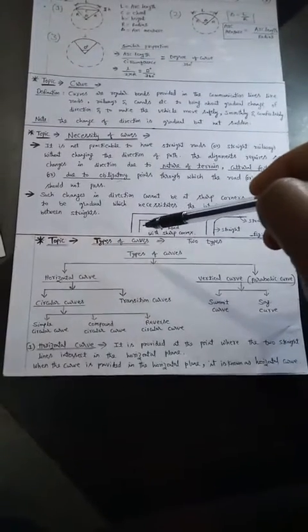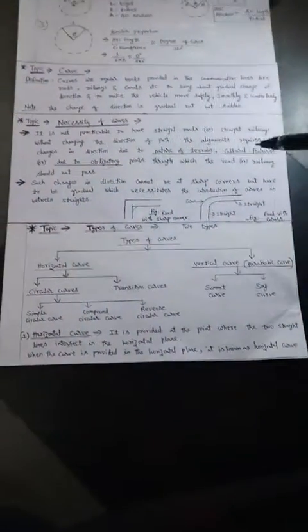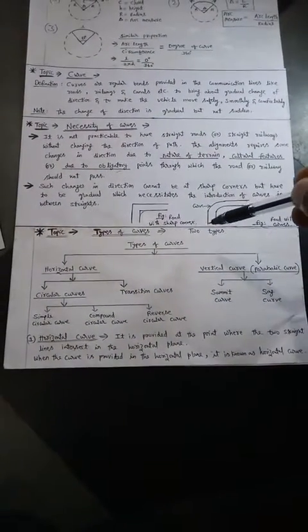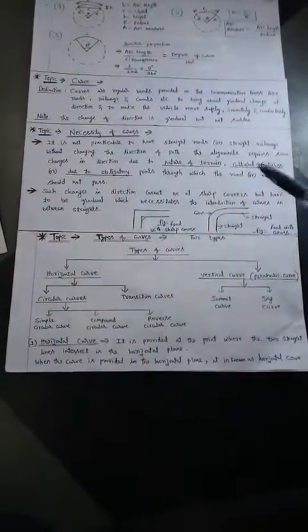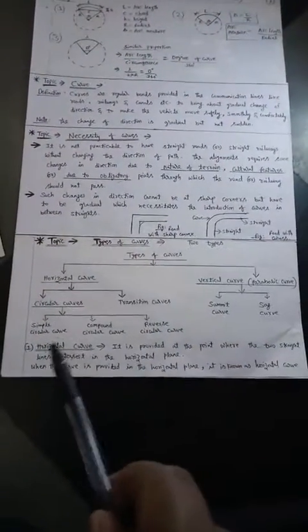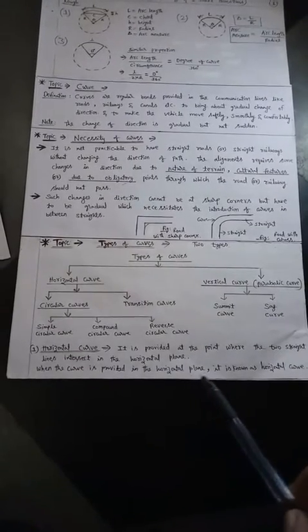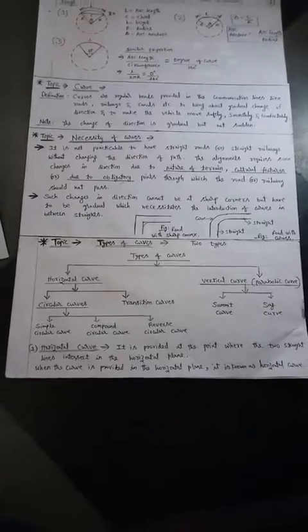This is the intersection point. There we are providing a curve in the horizontal plane. When the curve is provided in the horizontal plane, it is known as a horizontal curve.